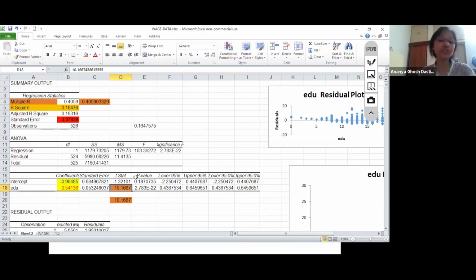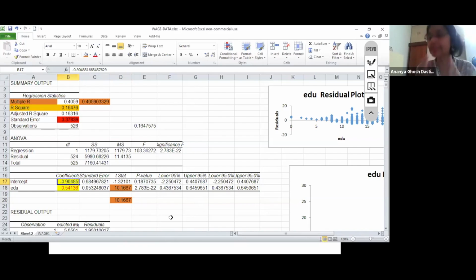So in this case, you saw how I derived the t-stat. The t-stat is nothing but beta hat divided by its standard error. Similarly, you should check that the t-stat for alpha hat is nothing but alpha hat divided by its standard error.